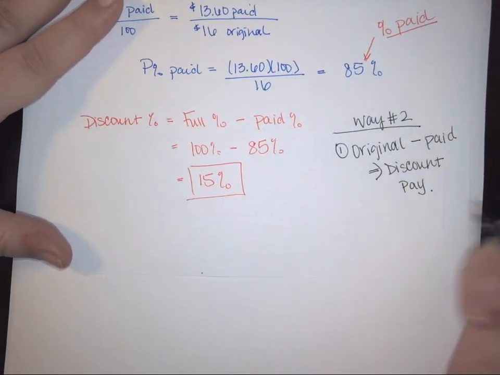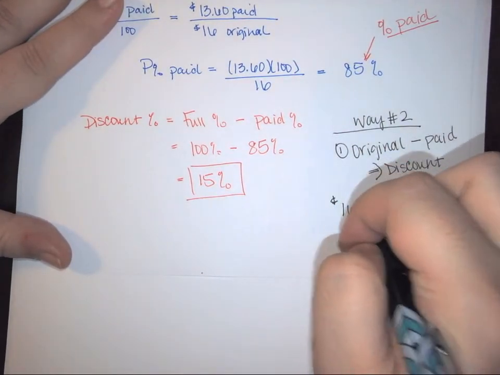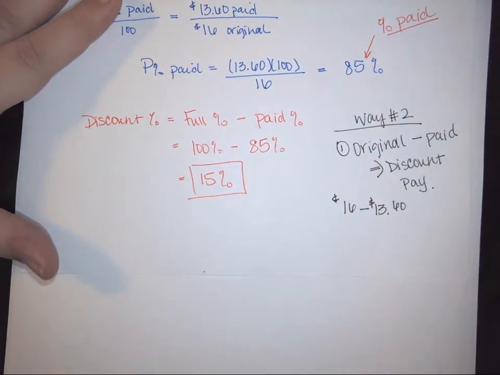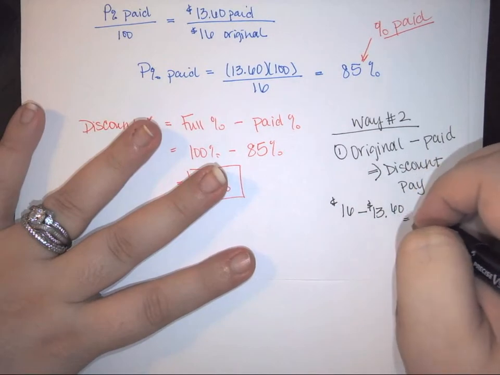Meaning, if I were to take my original, which was the $16, and subtract out the $13.60, which is what I did pay, I would have that my discount was $2.40.